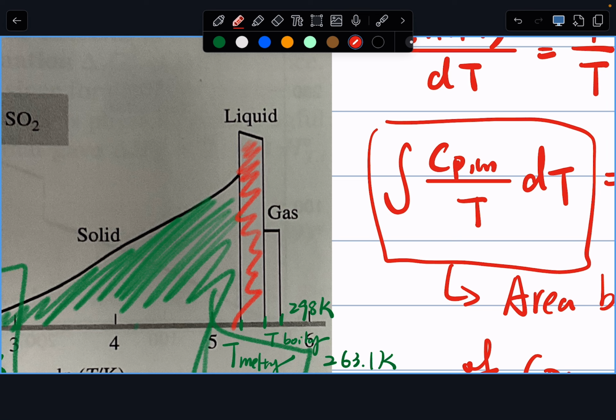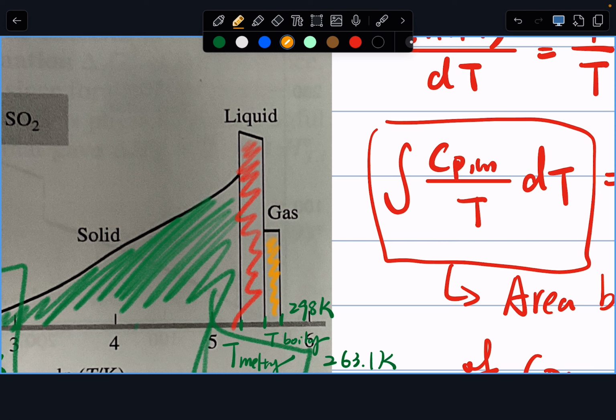And from 6, what's next? Next, you want to increase it to our final temperature, which is 298 Kelvin. For our real gas phase, we get it to temperature equals 298 Kelvin, again estimated based on the area below the curve, the area estimate.